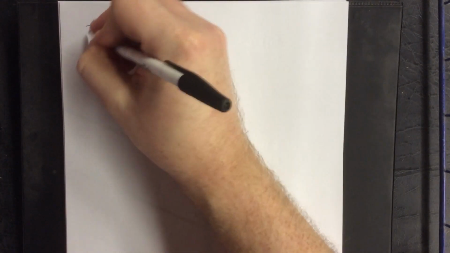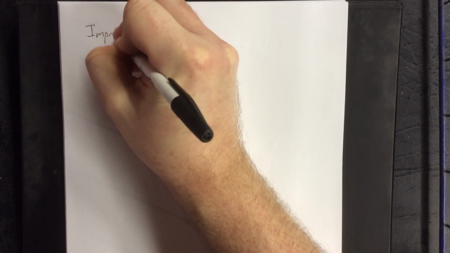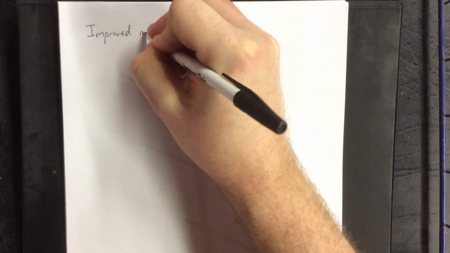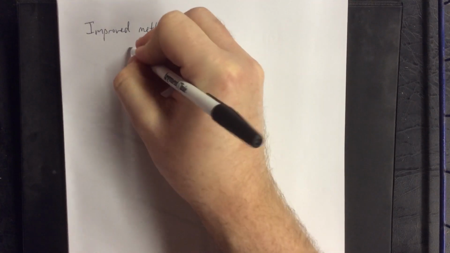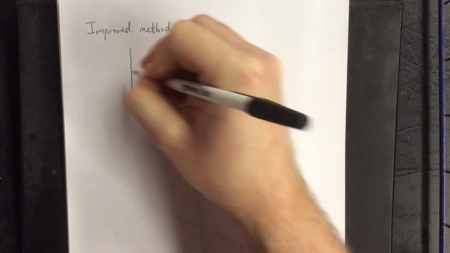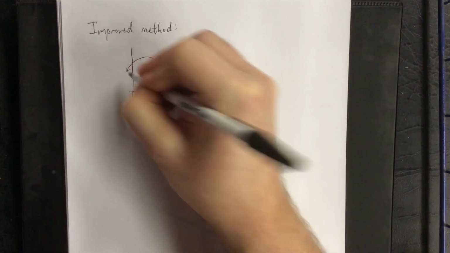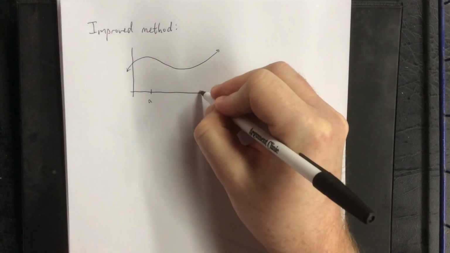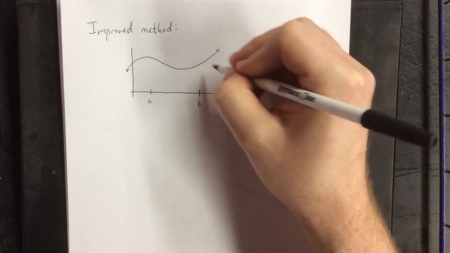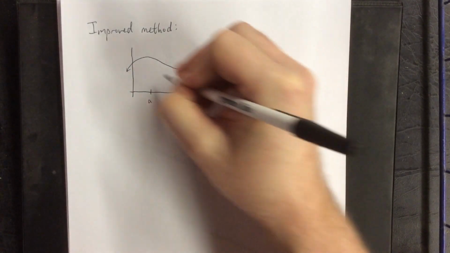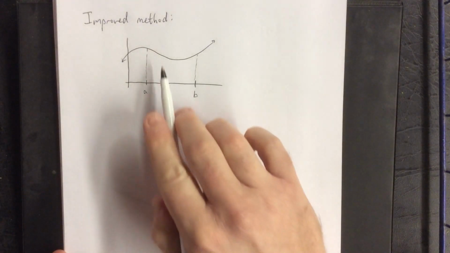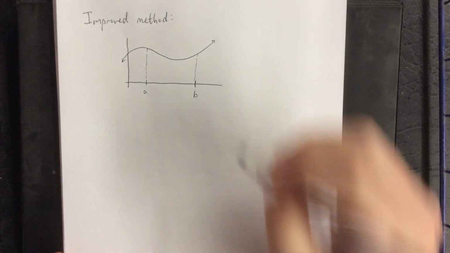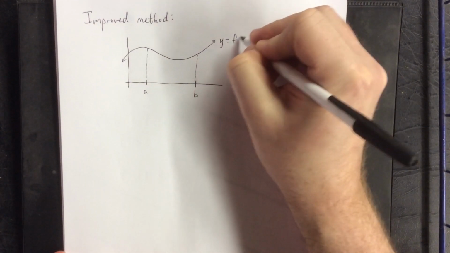So an improved method. I'm going to try to redraw the graph that I had just created. So here's A, here's B, and again we are trying to calculate this area that's inside this closed area. So y equals f of x.